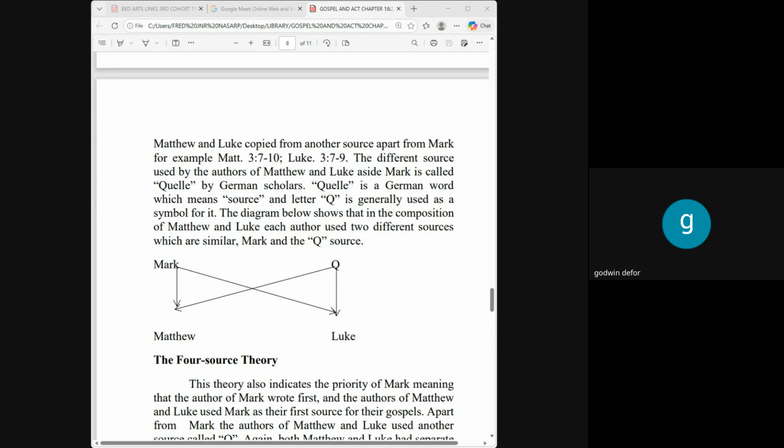Someone's research work may be limited pertaining to the topic, the area the person wants to cover, and another person will go beyond that to add up. That is where in academia we add onto knowledge. Somebody will start, then another person will come and add up to it. So the Q source was there, they saw it. That's why they are trying to bring it to us.